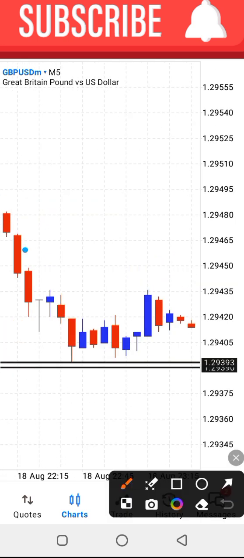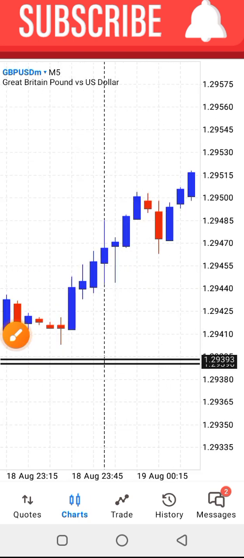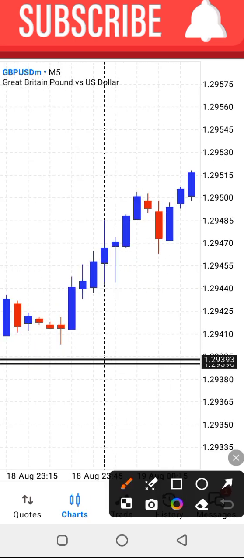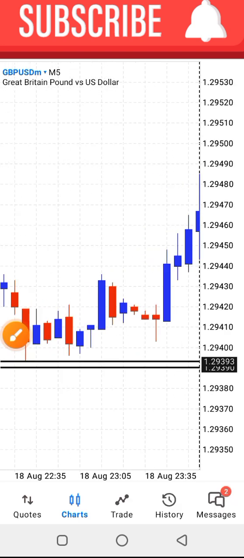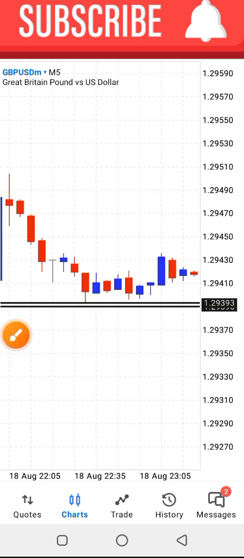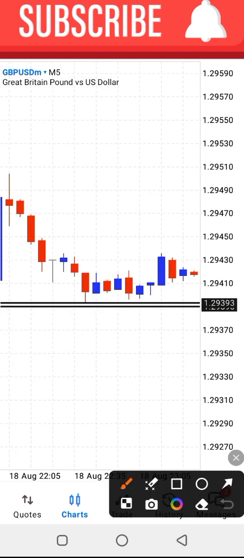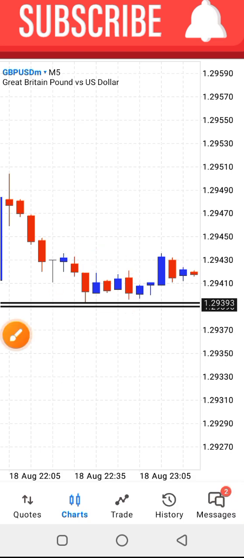Look at this. Price came and respected the implied FVG, tapping into it, not going beyond it, and then shooting in the upwards direction. Can you see that? So the market shot upward after tapping on the top of our implied FVG. I hope the explanation is clear.